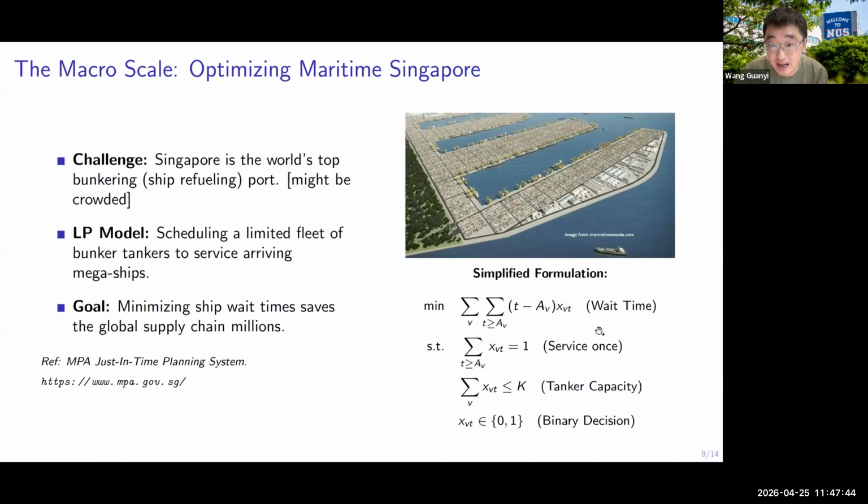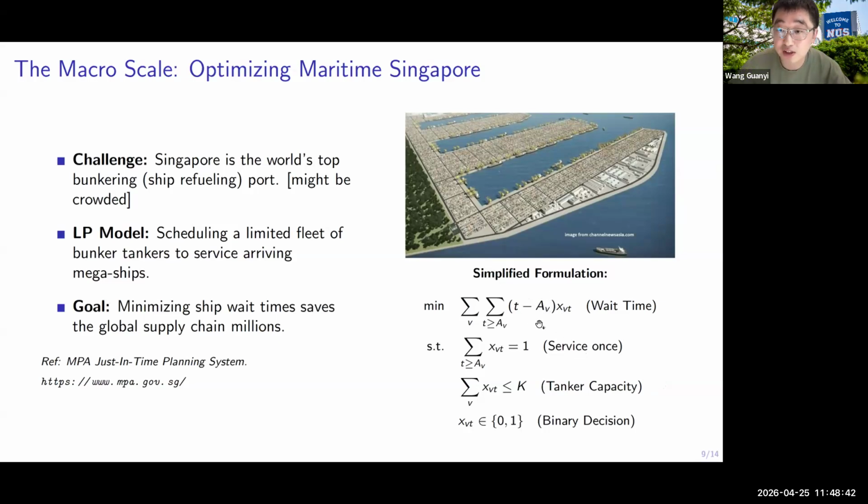Each little x subscript v,t is the corresponding decision variable, which checks whether the ship v would be serviced at time t. In the objective, the capital A subscript little v denotes the arrival time of that ship, and the little t denotes the corresponding time after they complete the refueling process.